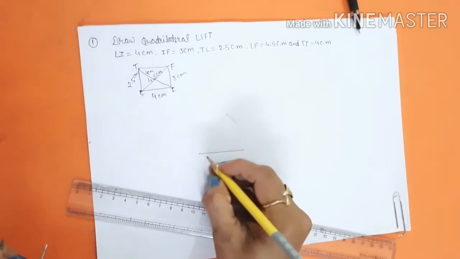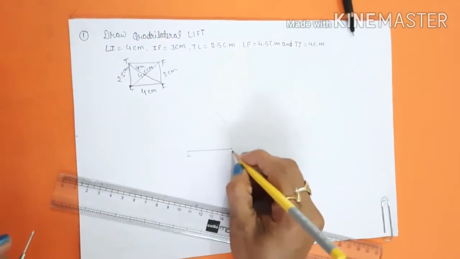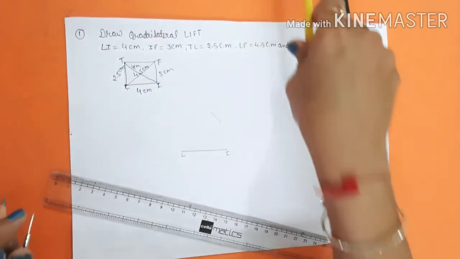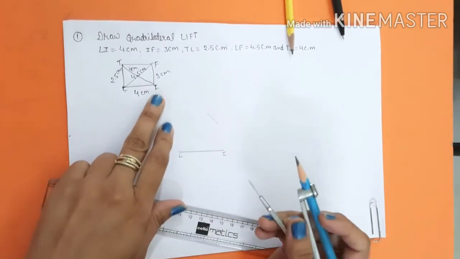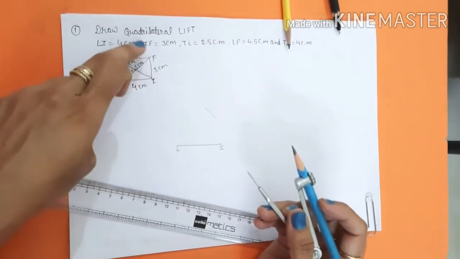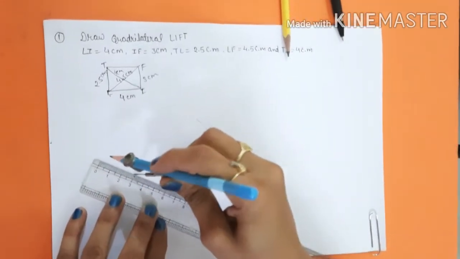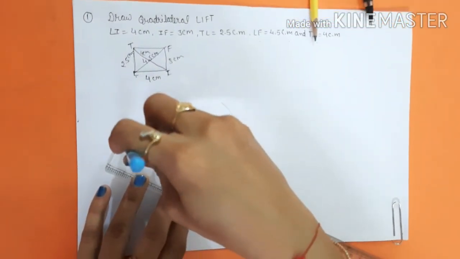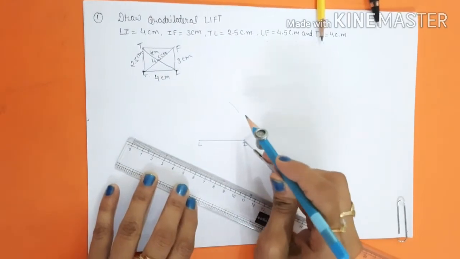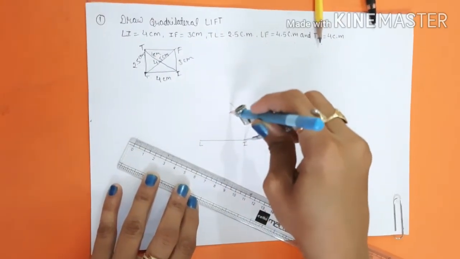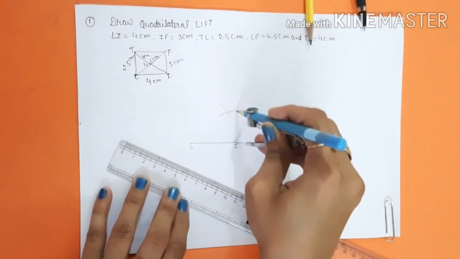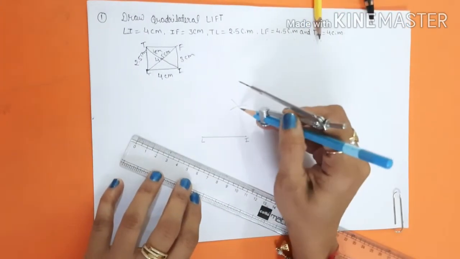Because this is L and this is I. Then after that we'll take center I and till F we'll cut an arc of 3 centimeter. We'll take measurement of 3 centimeter and we'll cut an arc from I till the previous arc. Now this is the intersecting point.